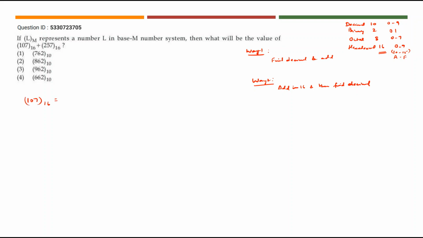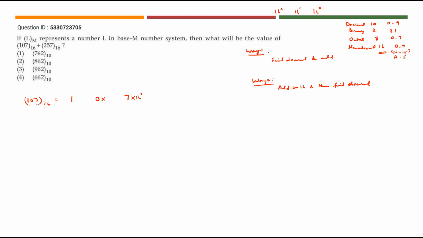How do you convert a number in a different base to decimal? You have to raise it to the power of the base. You do it like this: 16 power 0, 16 power 1, 16 power 2. So first you will have 7, then 0, then 1. 16 power 0 should start from this side.